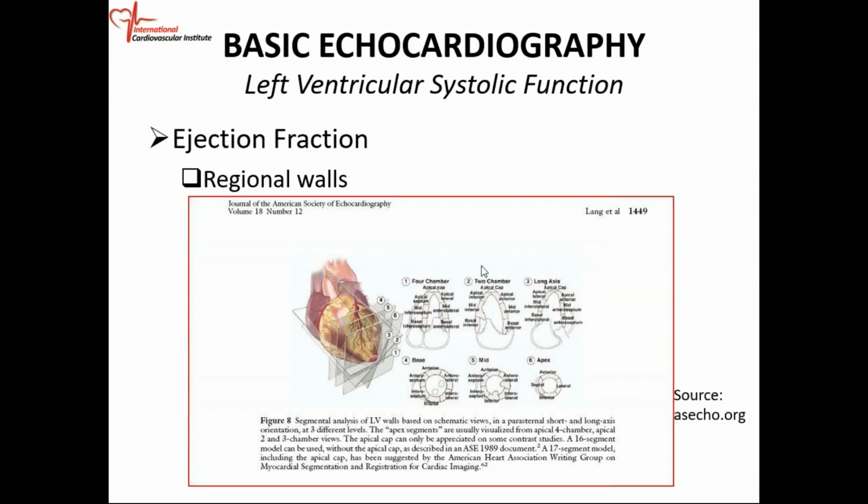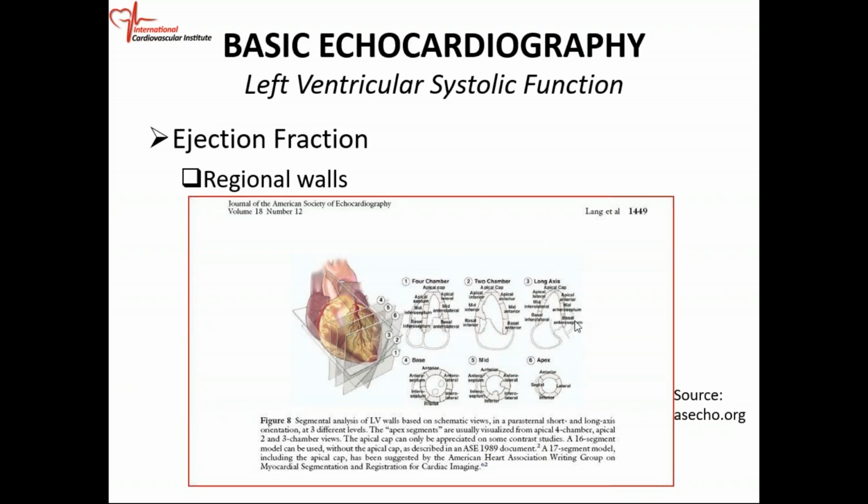In the 2-chamber view, where this is your anterior wall and your inferior wall, you're going to have a basal anterior wall, mid anterior wall, and your apical anterior wall. And then the little topmost portion we call apical cap. And then for your inferior wall, you have your basal inferior wall, mid inferior wall, and apical inferior wall.